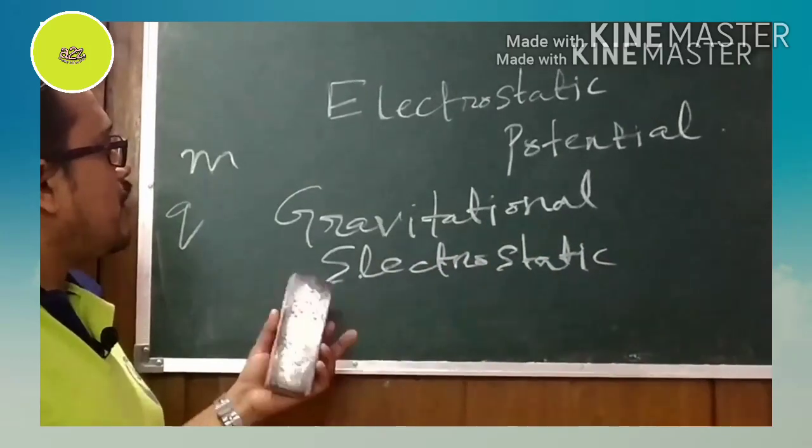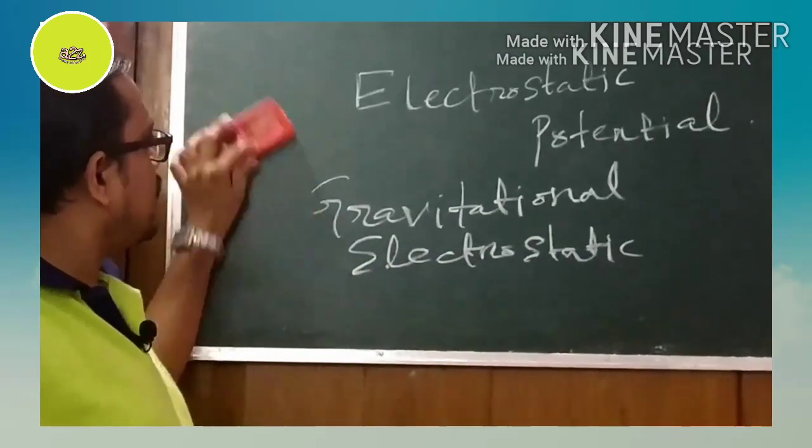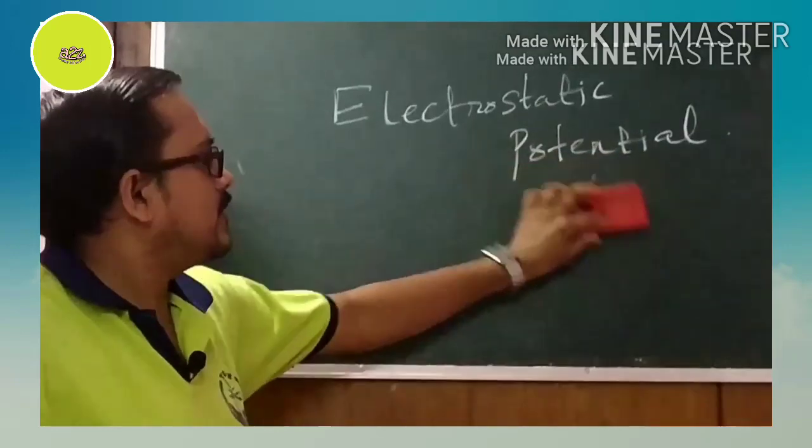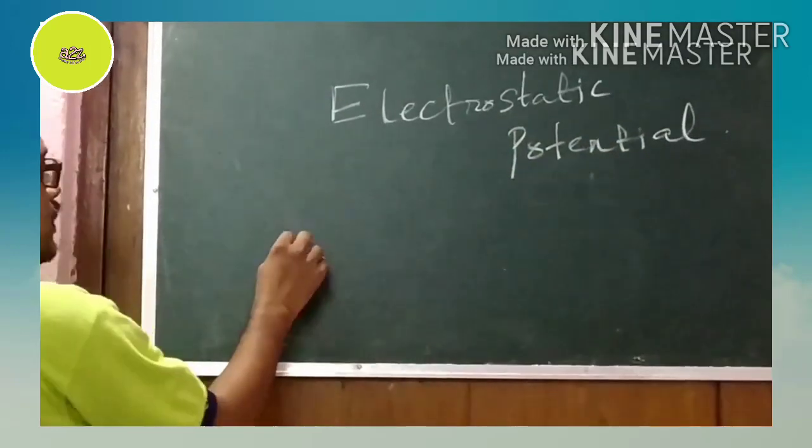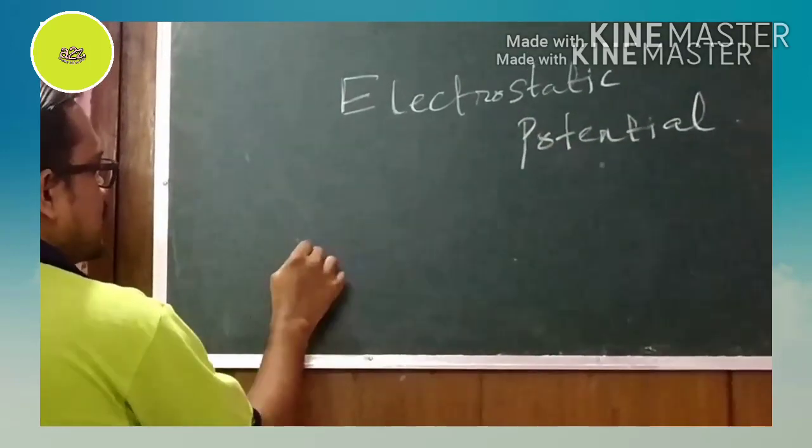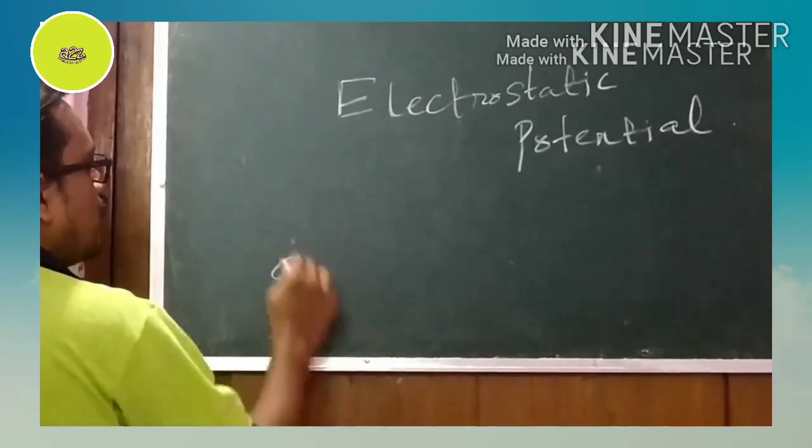Now, starting with the introduction part of this chapter, let us assume a charge Q which is present at the origin.